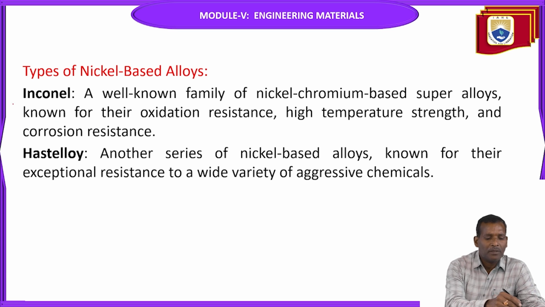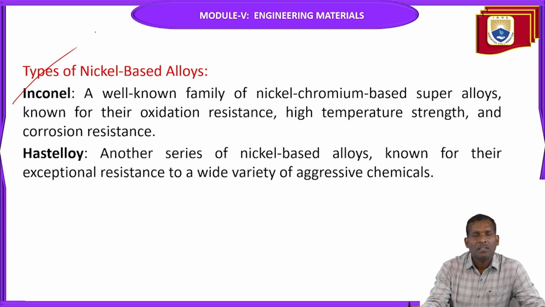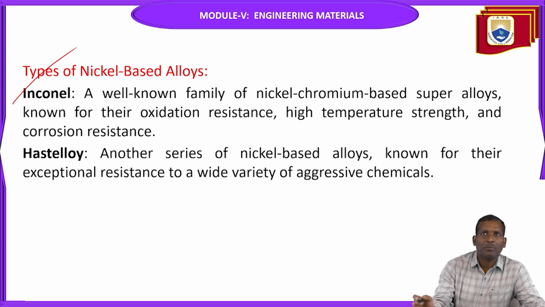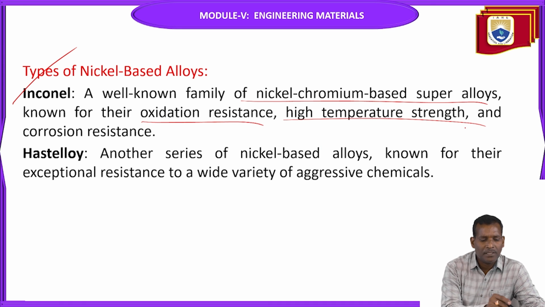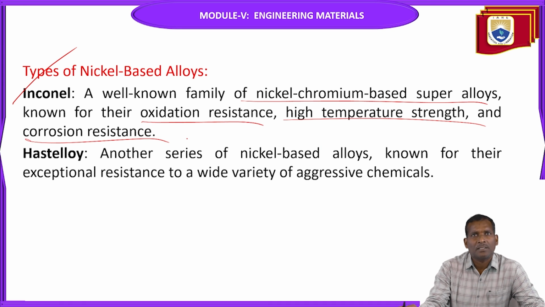Next, types of nickel based alloys. In the previous case, in aluminum alloys also we have seen two types. Here, nickel based alloys also have different types. One is Inconel, a well known family of nickel chromium based superalloys, known for their oxidation resistance, high temperature strength, and corrosion resistance.